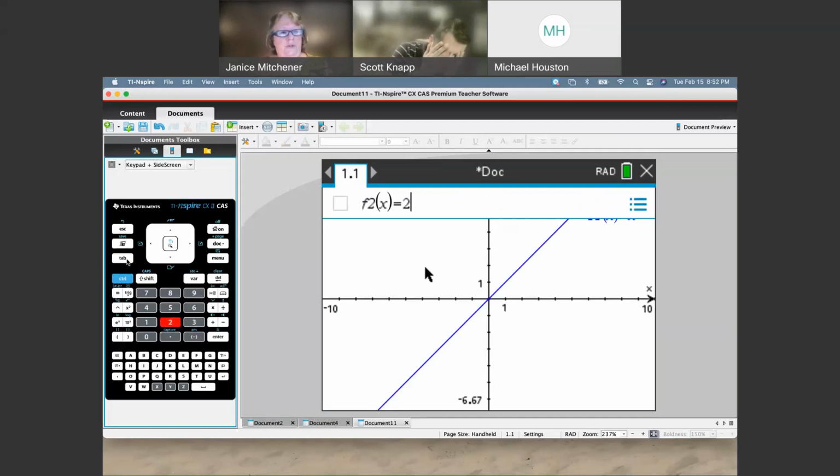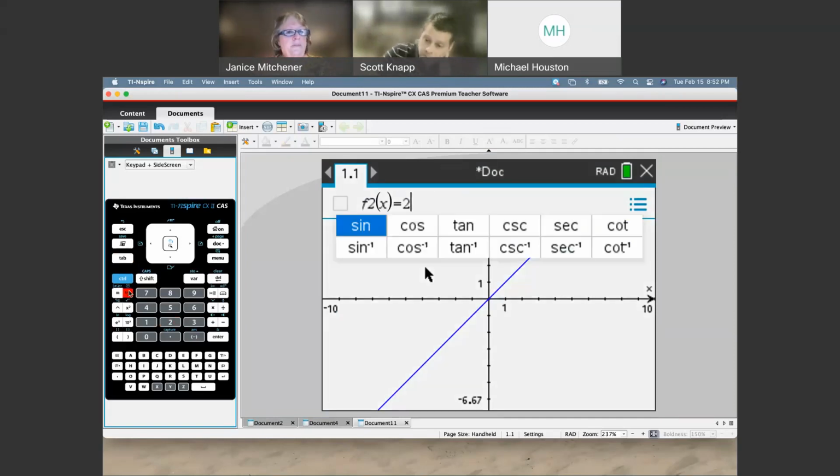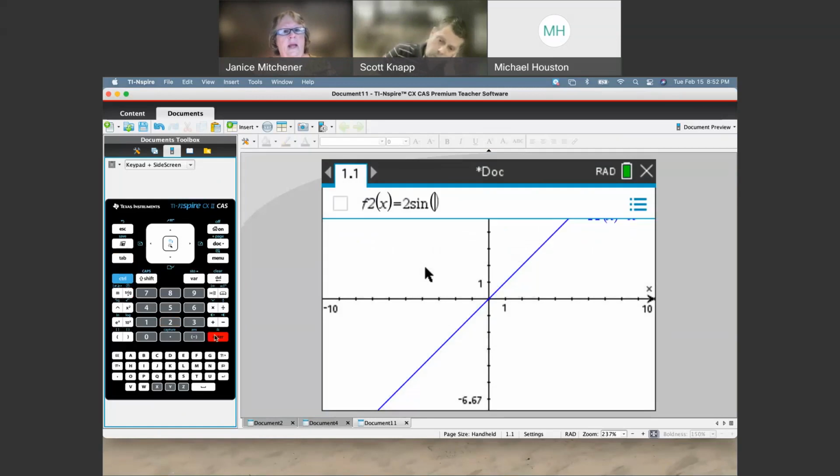So 2 sine, and now I want this to resort back to my inner function. So I'm going to hit vars, and then notice that F1 comes up already. It's already defined. So I want them to see that I'm having the calculator tie in whatever I plug in for that first function.